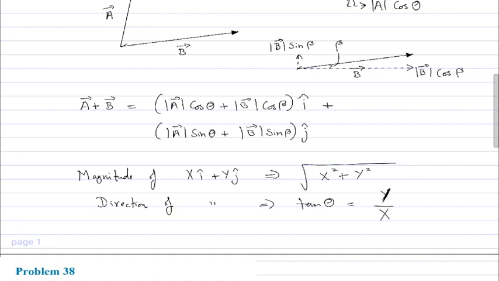So for instance, if this is the x and that's the y, we get tangent of theta as that theta.